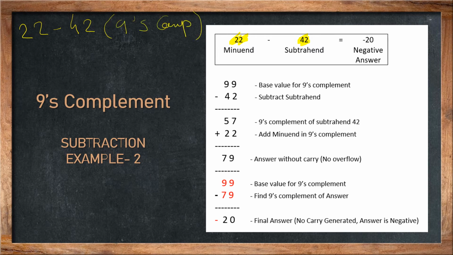So let's do the calculation. Here 42 is my subtrahend and 22 is my minuend. If we perform this operation, we can easily say that I'll get the answer minus 22. Why minus? Because we are subtracting the bigger value from the smaller value.